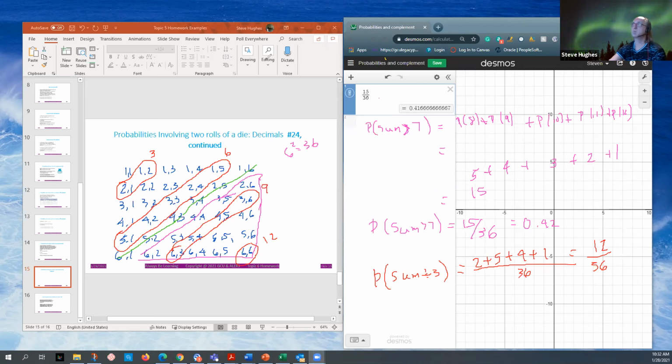Gotta get my mouse back here. There we go. I'm just gonna do it right here in the same one. Let's divide this. 12 over 36 is 0.33. So if I round it to 2 decimal places, it equals 0.33, and I'm good to go.